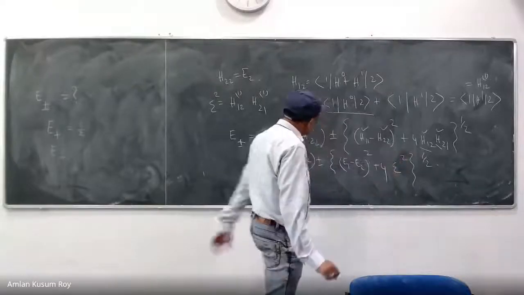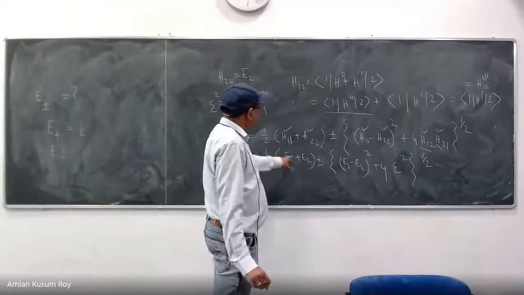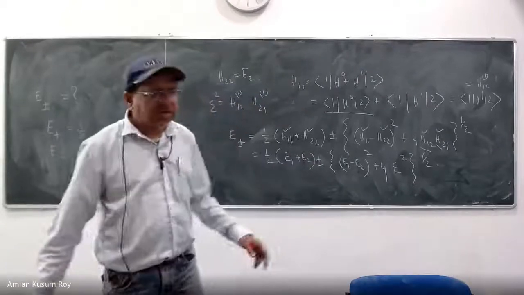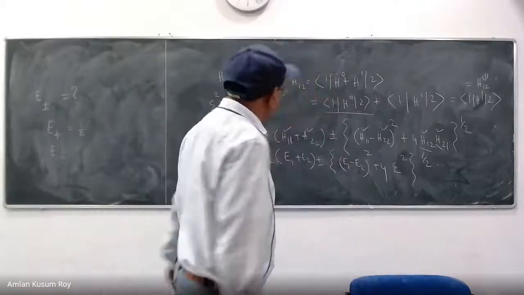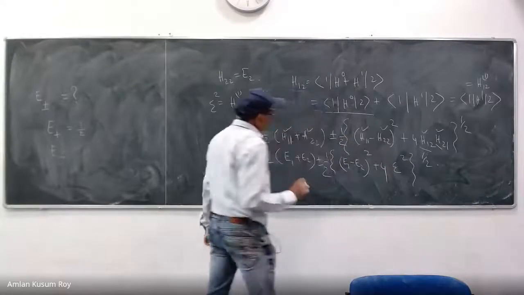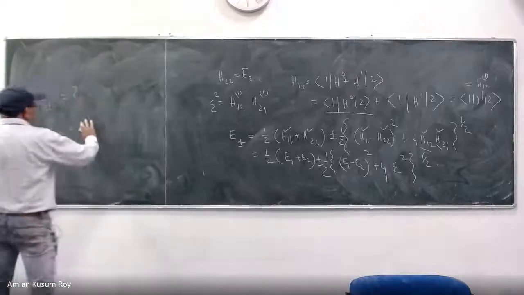So there is a plus or minus sign. You can take the plus sign. So what you will get is half of E1 plus E2. Wait a second, I think I missed a half. That's why you got a strange answer. So if you do that, there will be no 3 by 2.